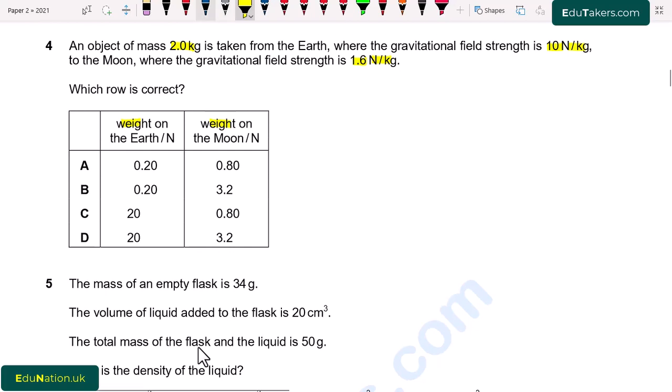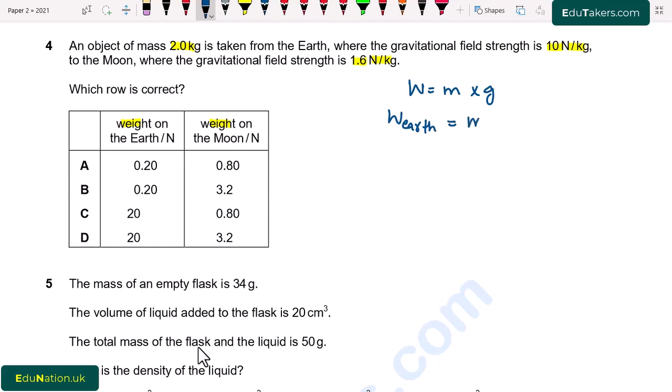So first of all, I use the formula that weight is equal to the product of mass and gravitational field strength. So weight is equal to mass multiplied by g. I write this formula for earth. First of all, I find out the value of the weight on earth.